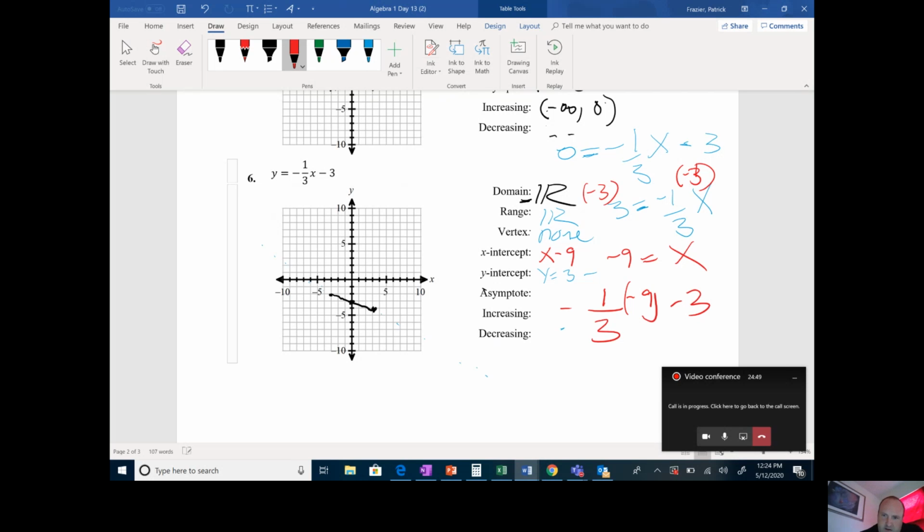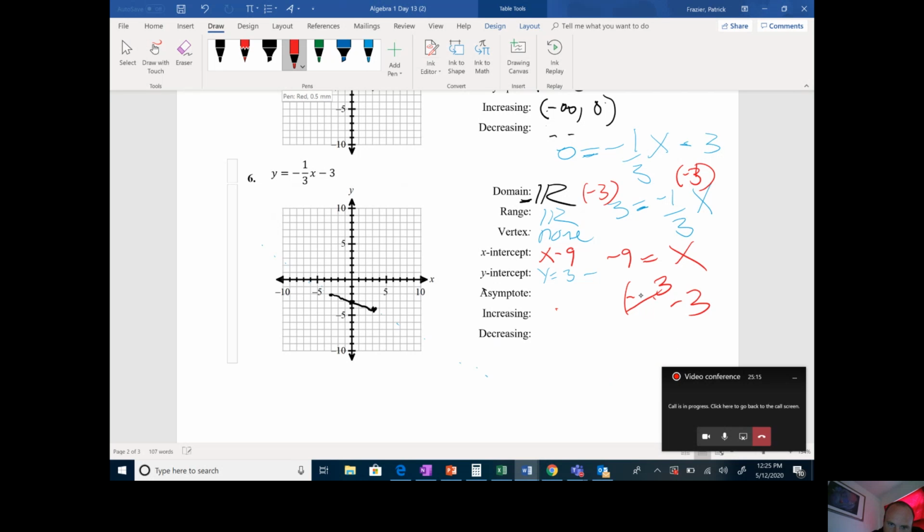All right, so 3 goes into 3 once, 3 goes into 9 3 times. And that's a negative times a negative, so it's just 3 minus 3, which equals 0. So the x-intercept is x equals -9.